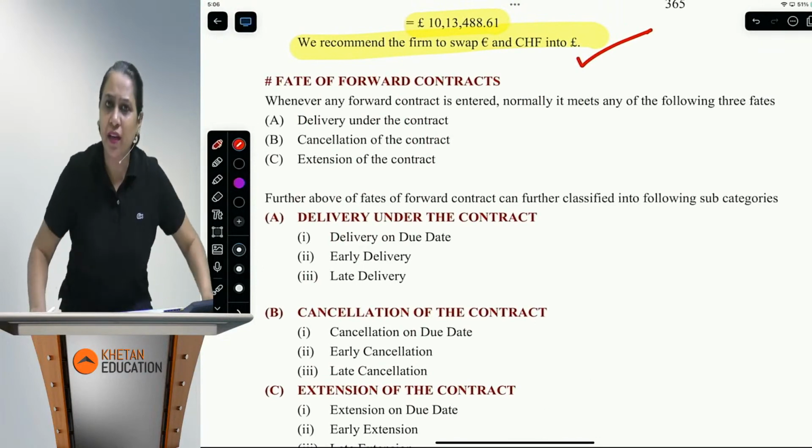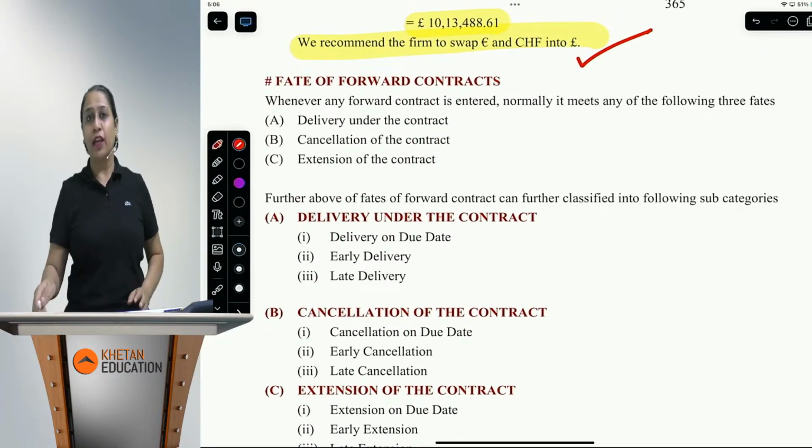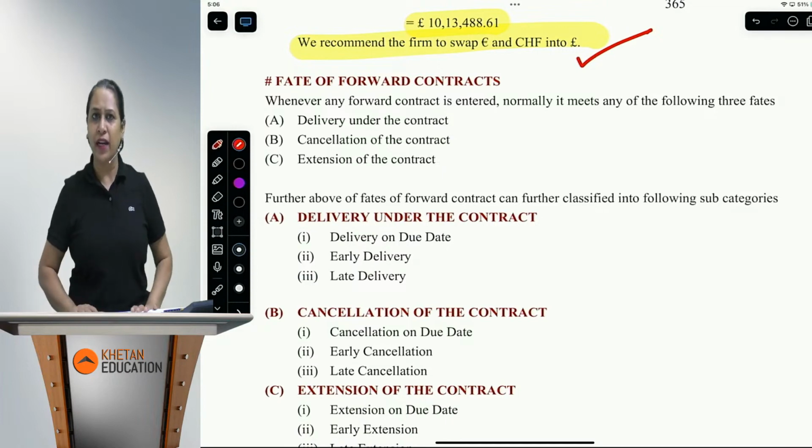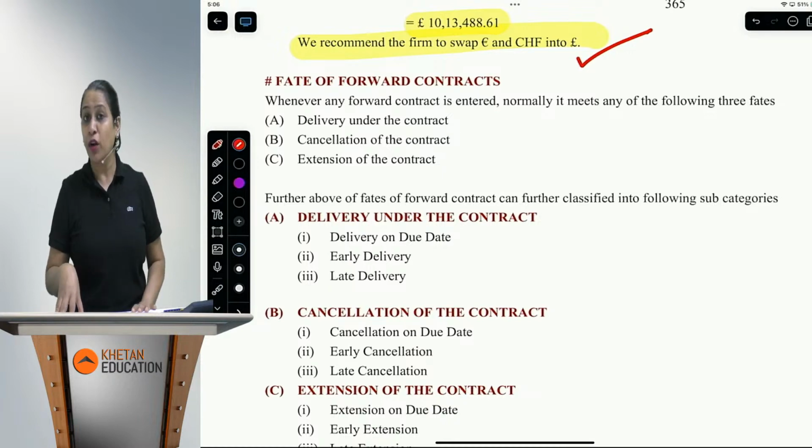Okay, so when you buy or sell a forward at t equal to 0, it is not important that the forward will always be honored. Why? Because, say, I am a business person with a company. Suppose I buy a forward on 1st of January to make a payment on 31st of March.